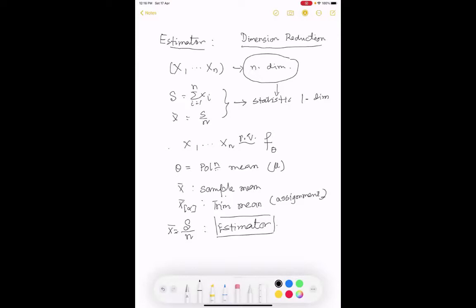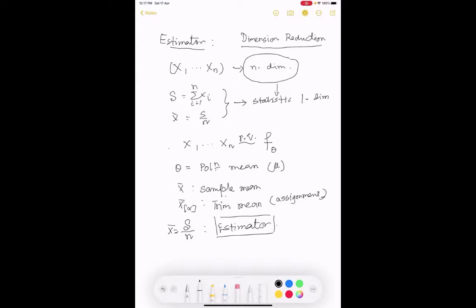My entire data is in n dimension because I am seeing it as a vector, from a matrix algebra point of view. Then I'm doing an operation on that and putting the entire n dimensional object into one dimension. So I'm reducing the dimension.